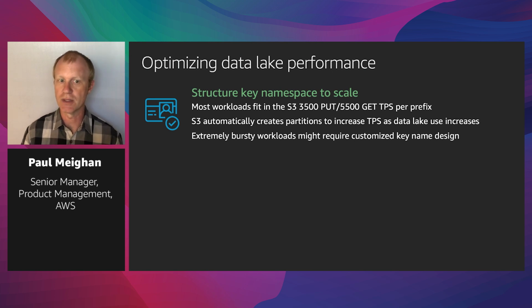Especially when you're talking about extremely busy workloads, where you're going to do bursty, sudden increases in TPS. You especially want to keep in mind this per prefix concept as you lay out the names of your objects and lay out your key space.